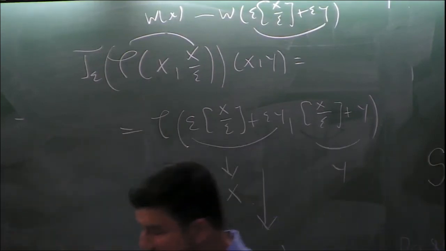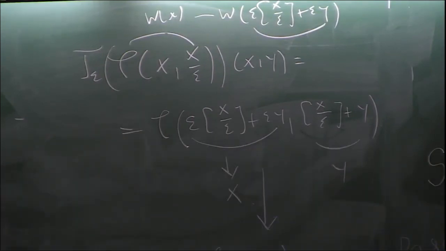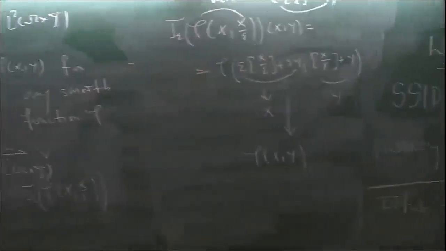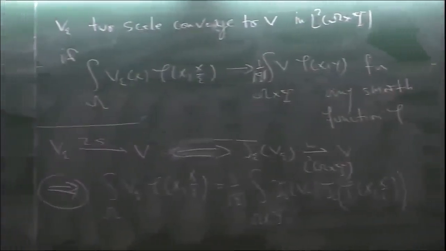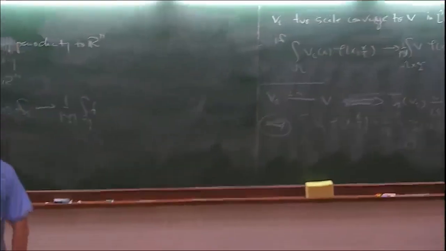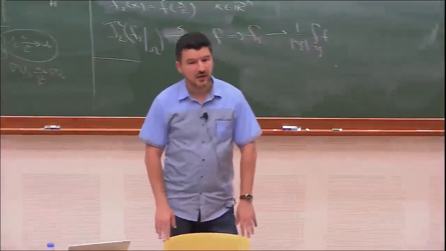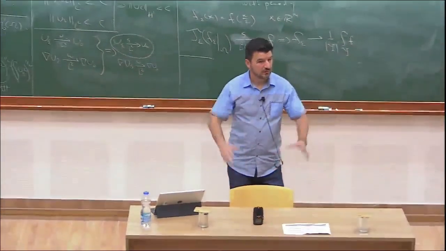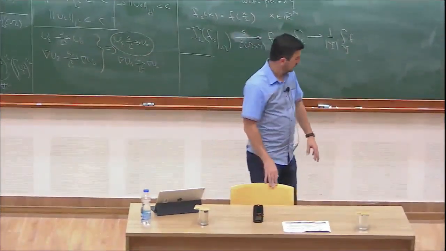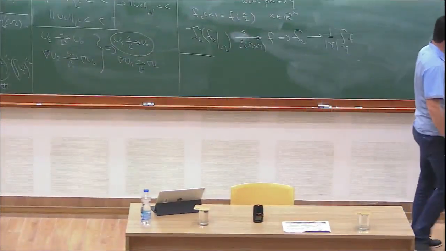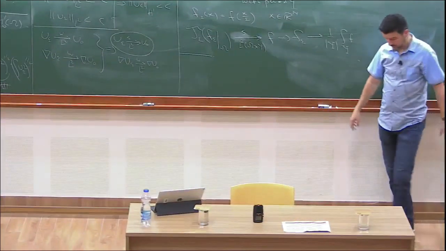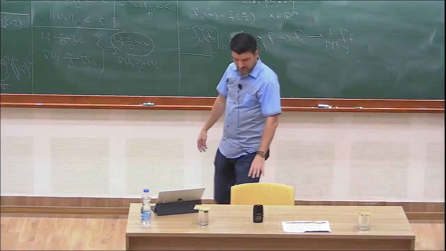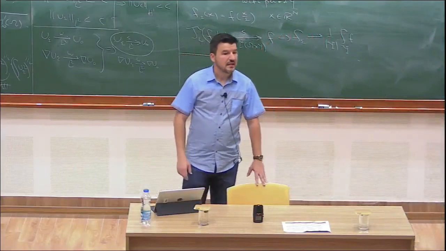I would like you to fill in the gaps for this proof. But remember that the unfolding is equivalent to the two-scale. There are advantages and disadvantages to both methods. It's good to know both of them and some other methods. Each method is suitable for a particular type of questions and not suitable for other questions.